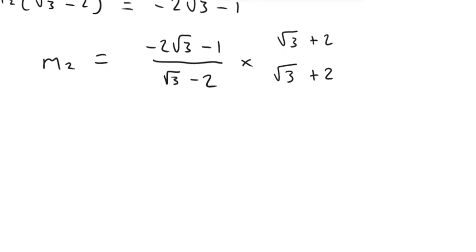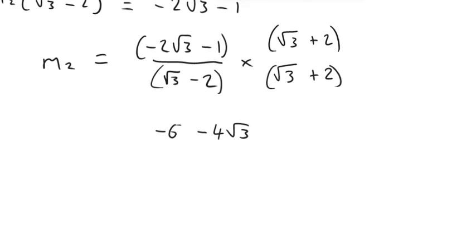Right, so on top, you're multiplying everything by everything, so they're all in double brackets. So root 3 times minus 2 root 3 will be minus 2 times 3, so I would get minus 6, minus 4 root 3. So minus 2 root 3 times 2 is minus 4 root 3.